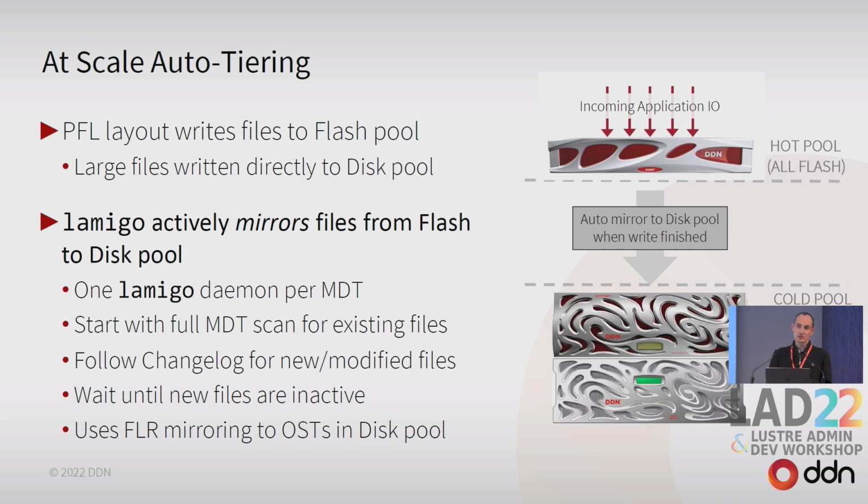At this point, it's a changelog consumer to follow which files are new and which files are modified. It waits for files to be inactive, and then it triggers file mirroring, basically like you would do with LFS mirror commands, to mirror files from the flash pool to the disk pool.